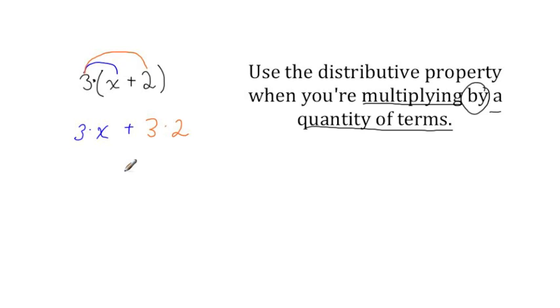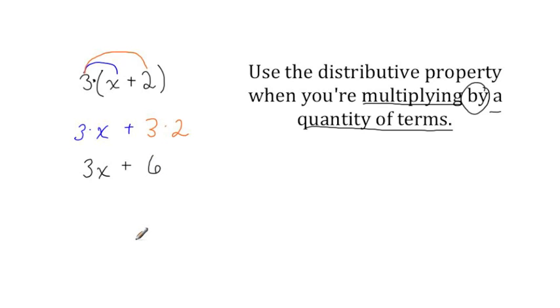Now we can continue through the steps in the order of operations, because now the grouping symbols are gone, so we can move on to step 4, take all powers. There are none. Step 5, do all multiplication and division from left to right. Here is multiplication, 3 times x. 3 times x is 3x. Plus, and here's more multiplication, 3 times 2 is 6.